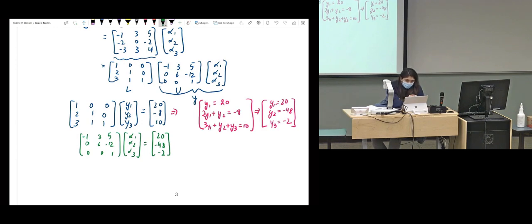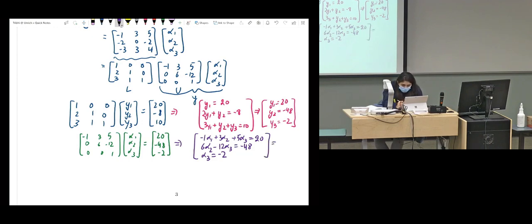And then from here, I can get alpha 3 equals -2, 6 alpha 2 minus 12 alpha 3 equals -48, and then -1 alpha 1 plus 3 alpha 2 plus 5 alpha 3 equals -20.